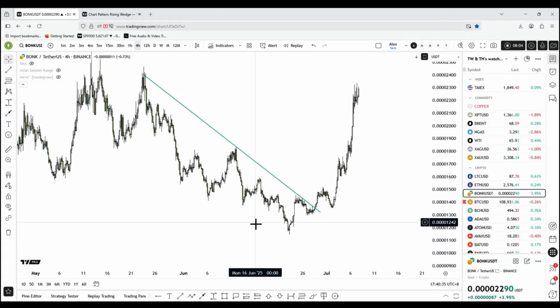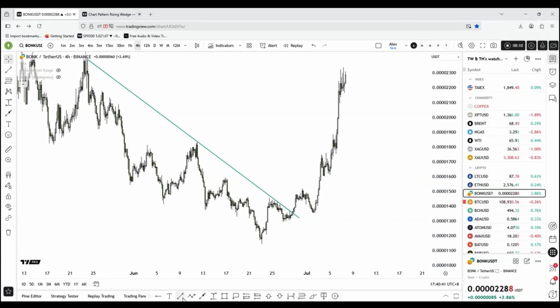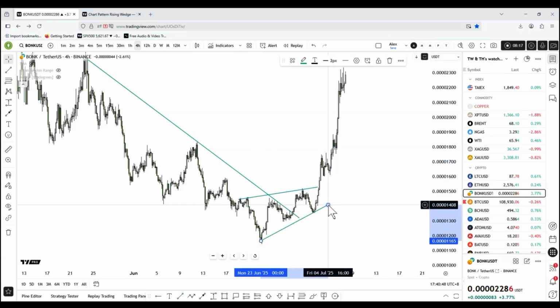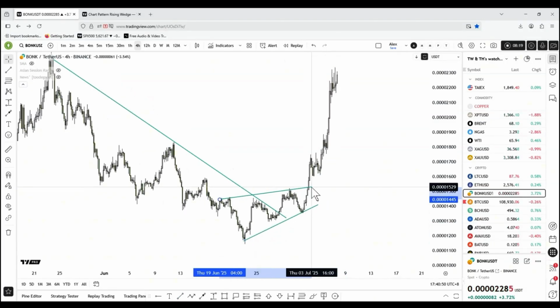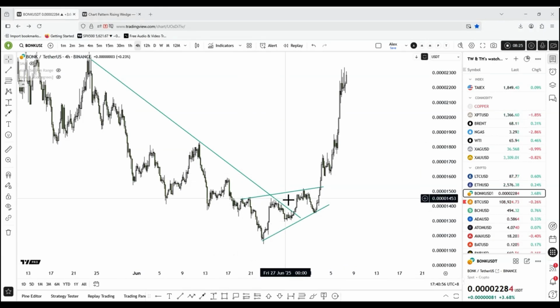But what's interesting here is that by the time it breaks, you start to get something like this. Horizontally, like here, you started to have other types of patterns that become more relevant. You had this one here, which is also some sort of a wedge. And then you have breaks to horizontal levels here.